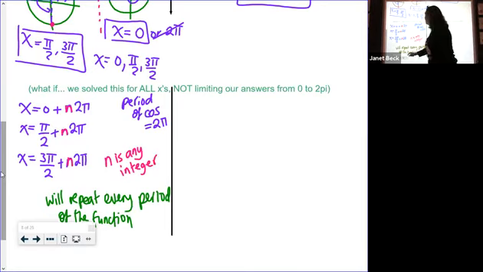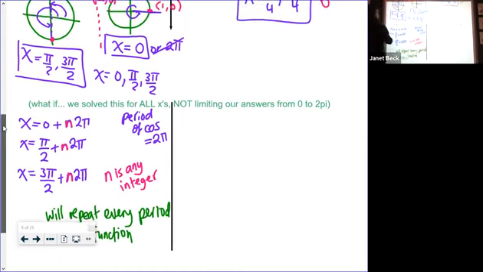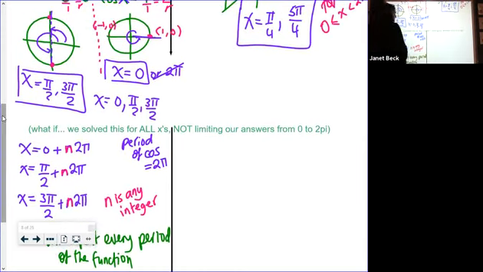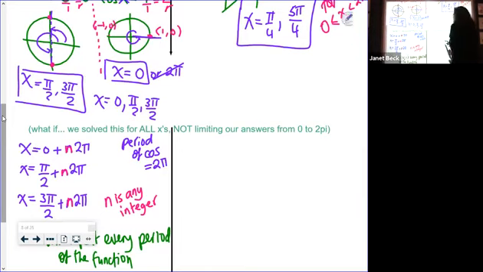If we looked at the tangent one we just did, remember the equation said the tangent of x equals 1.